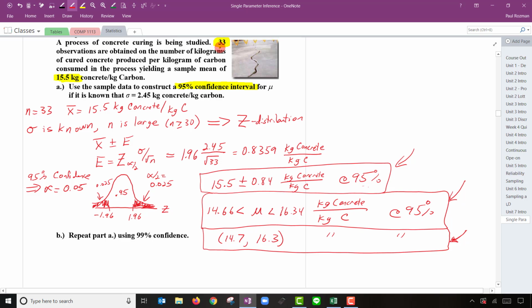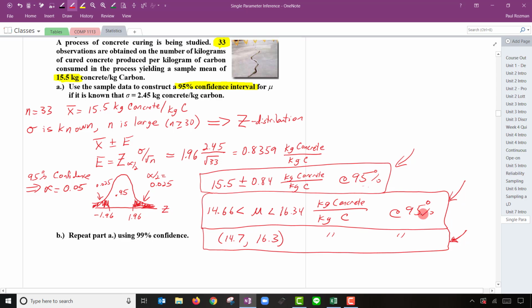When I studied my 33 slabs, maybe I happened to get 33 unusual ones that were unusually high or unusually low. And then when I put my plus or minus on my unusual value, I might miss the actual value for the whole population.